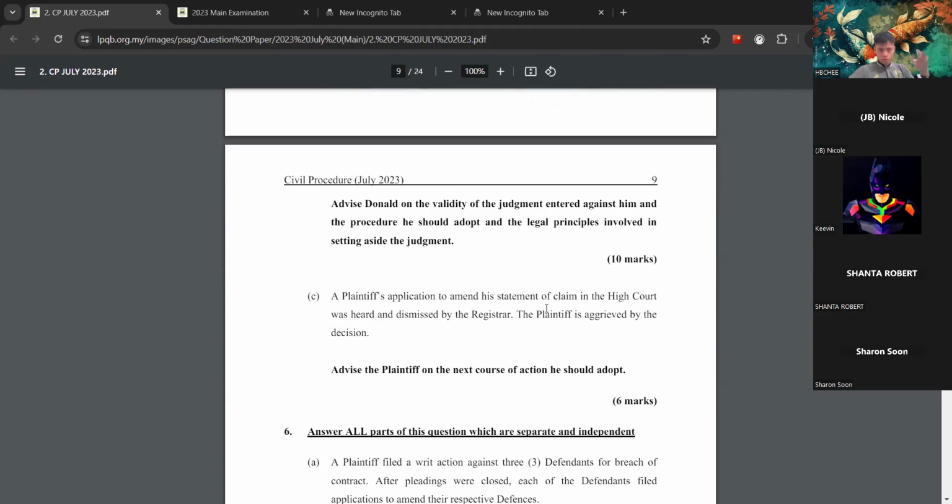So what is the difference between the judgment given under Order 35 and a JIDA? JIDA is when I serve you a writ, you are given 14 days under Order 12 Rule 4. If you fail to file a memorandum of appearance within the 14 days, then I can proceed to file a memorandum of non-appearance against you, and I can enter judgment in default based on my statement of claim.